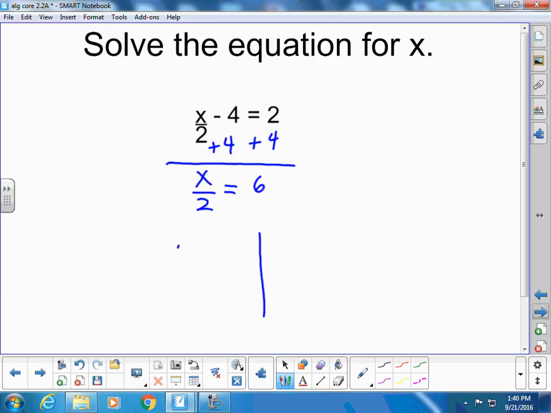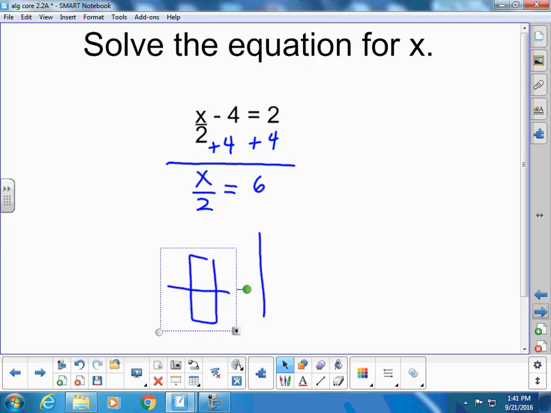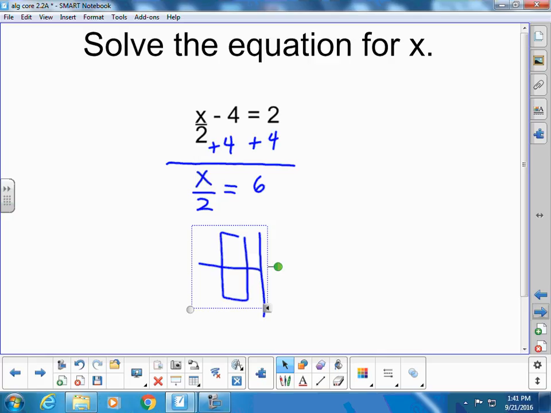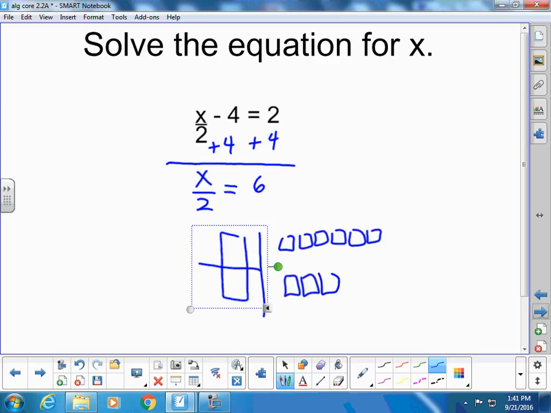So that says half of an x equals 6. But I need to know what a whole x equals, so there will be 6 more down here. 1, 2, 3, 4, 5, 6. So the whole x equals 12.